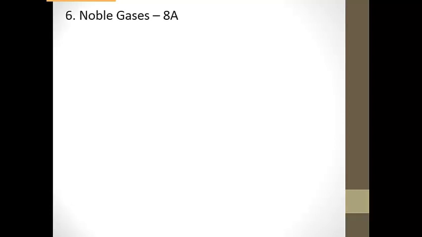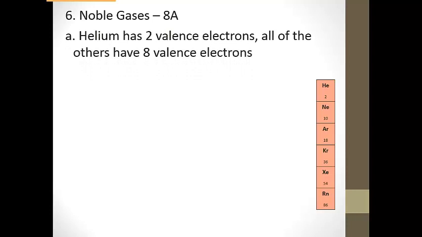And then we have our noble gases, and we are going to call them 8A, and the 8 would stand for what the valence electrons are for the majority of the group. Now this one doesn't follow the same as far as all of the elements having the exact same number of valence electrons.